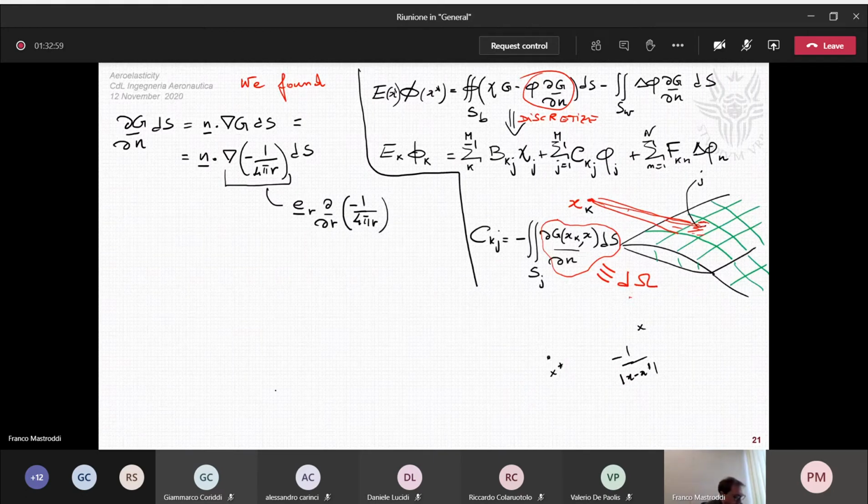and therefore if you consider this quantity is er, and the derivative is 1 on 4 pi r to the power 2. Okay, and er is equal to the vector r divided by the amplitude of r.